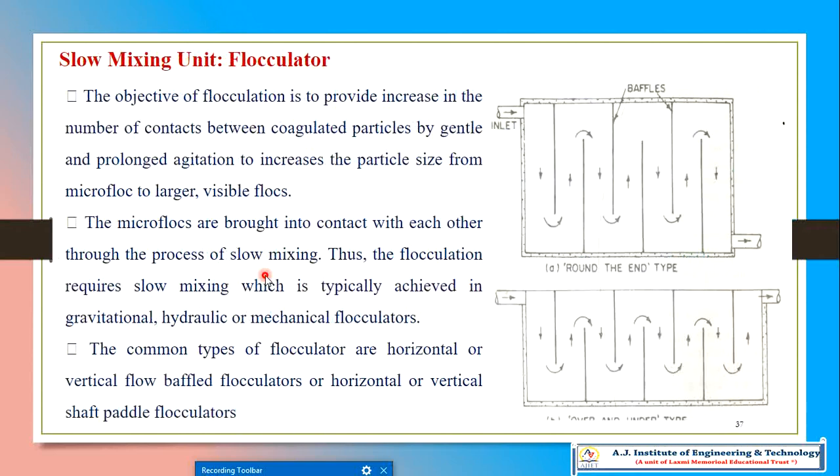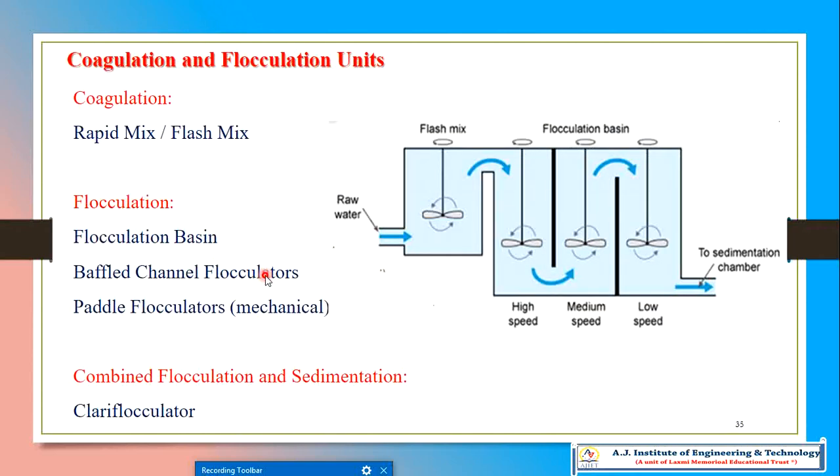In the coagulation and flocculation units, we had coagulation with rapid mix and flash mix. In that we have to mix it properly, to a homogeneous mix, and then you go to a flocculation basin where we make the particles dense and increase their size.